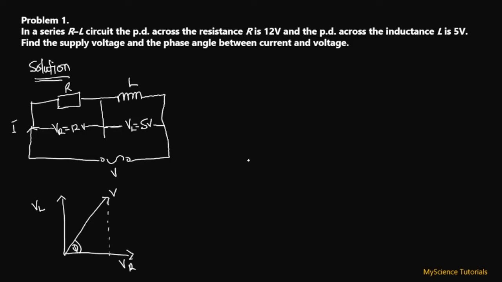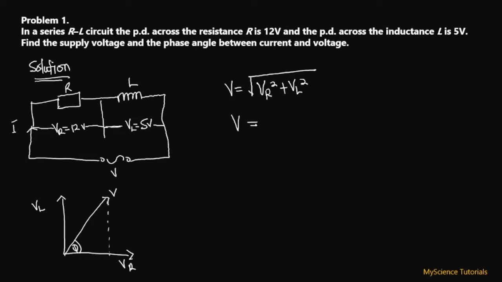All right, so let's have a look at how we solve this problem. So the first thing we want to do is to code the formula of how to find the applied voltage. To do that, we know V is equal to the square root of VR squared plus VL squared. Very easy, very straightforward.